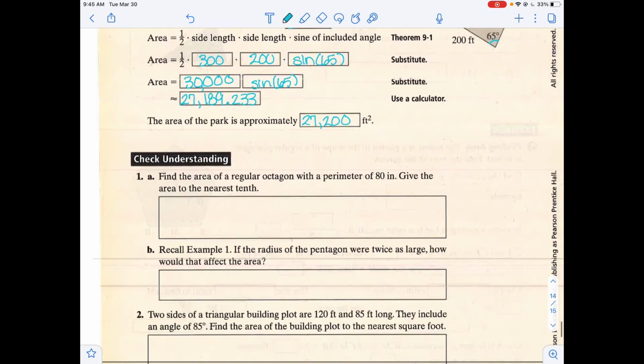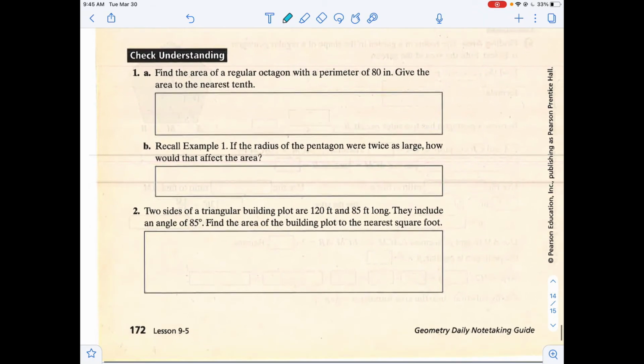Okay, let's take a look at the check for understanding problems together. The first one says find the area of a regular octagon with a perimeter of 80 inches. Give the area to the nearest tenth. So in an octagon, we only need to focus on the one triangle on the bottom. We know the perimeter is 80, so if we want to find just this one segment, we do 80 divided by 8, which would be 10.